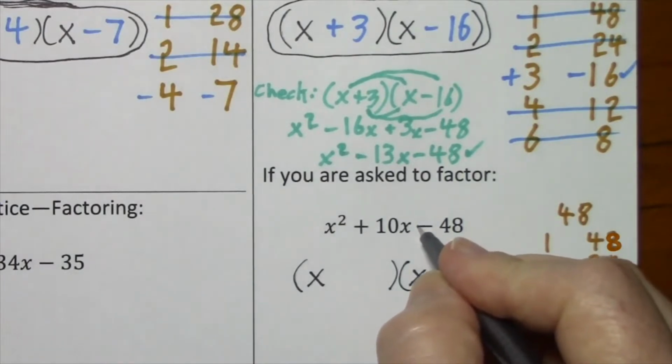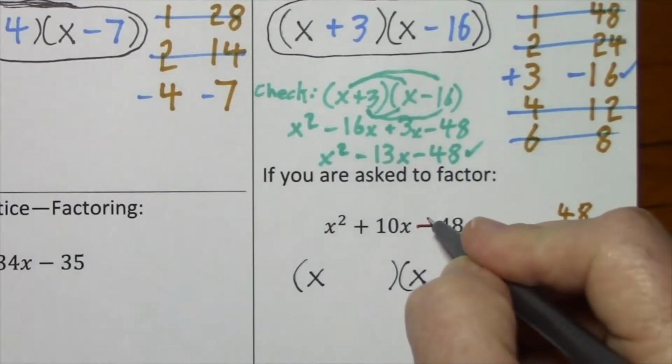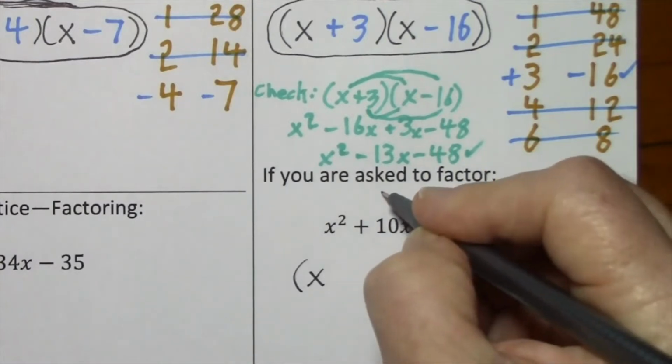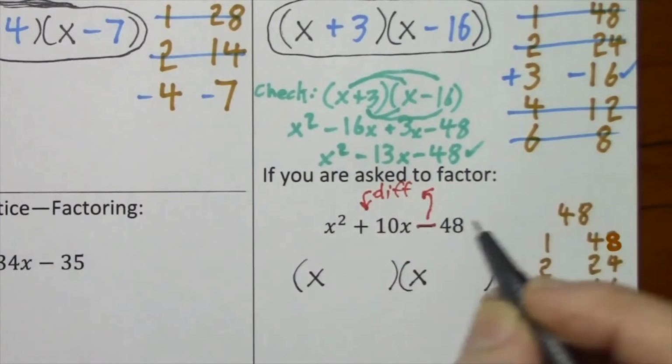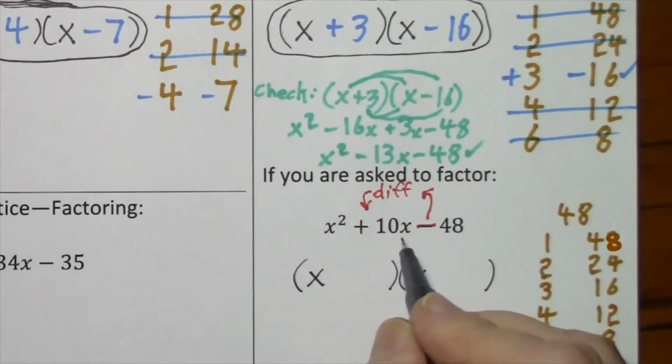And then based on the sign of the last term, if it's negative, I want a difference of this middle term, positive 10x.